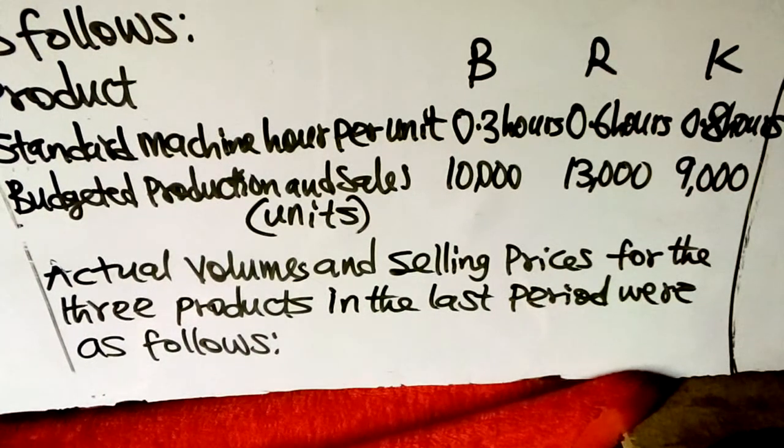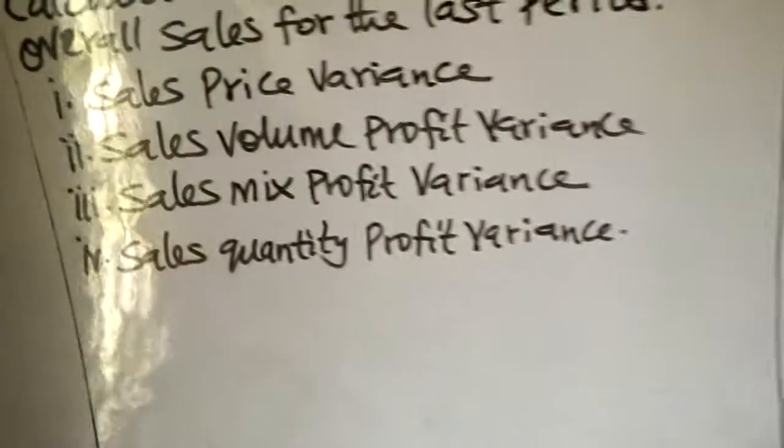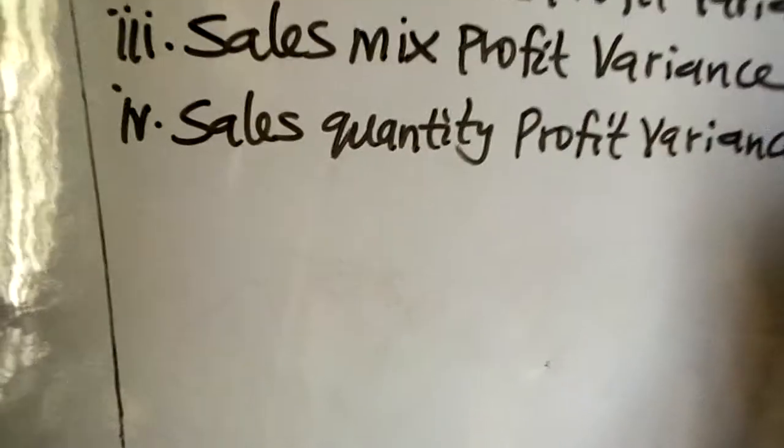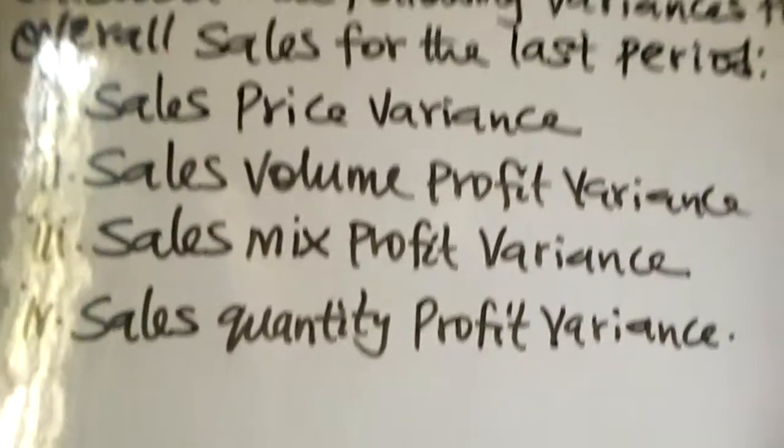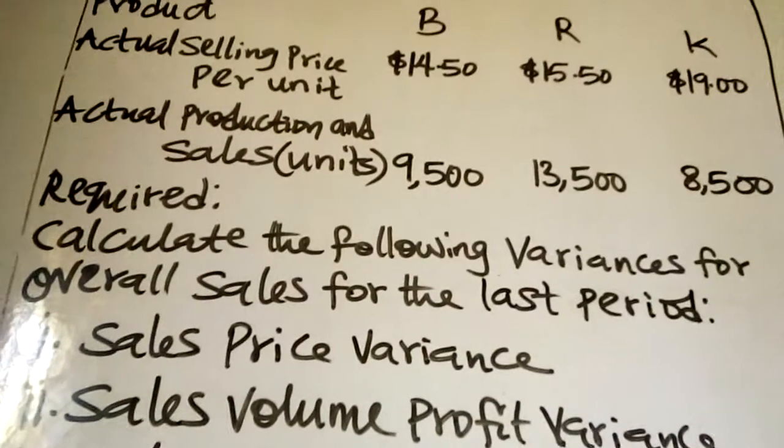Actual volumes and selling price for the 3 products in the last period were as follows. So this information is for actual.